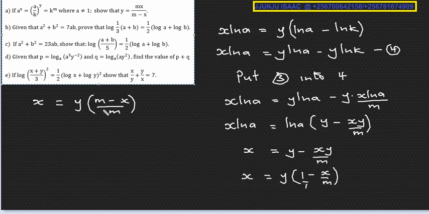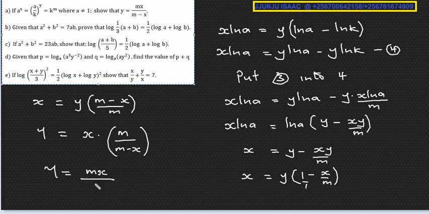So take this bracket on the left hand side, or on this side of x, so y will be equal to x times the reciprocal, m over (m minus x), and this is y equal to mx over (m minus x). This is the required proof. We have showed it.